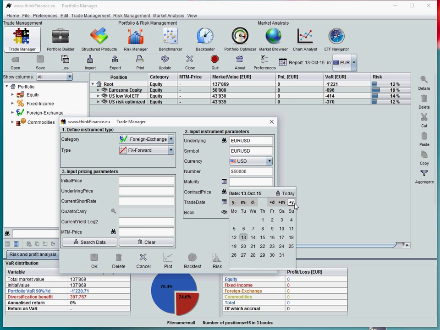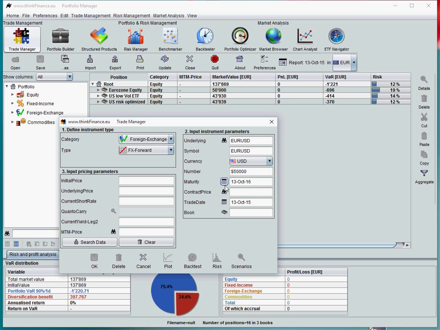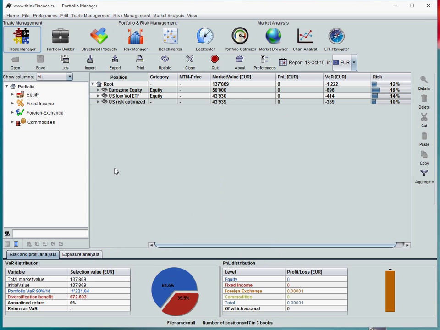I'm choosing a 1-year maturity. The contract price, the fair value contract price, is calculated automatically, and I want to hedge the third book, the US risk optimized book. I'm clicking on this button to import the market data, and OK.